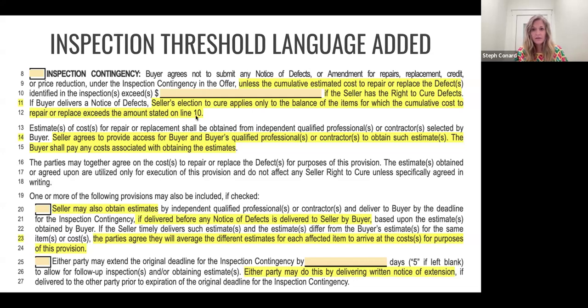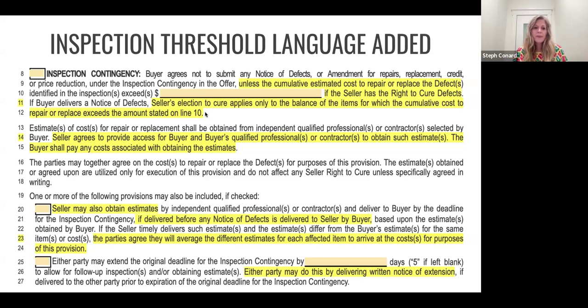And that is stated here. Seller's election to cure applies only to the balance of the items for which the cumulative cost to repair or replace exceeds the amount stated on line 10. So that is where that is addressed.